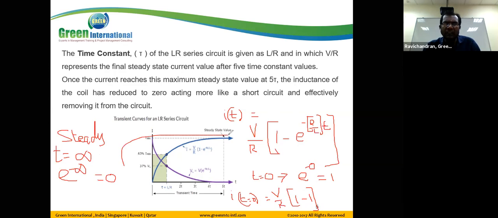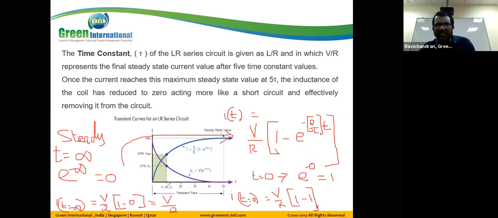So I of t at infinity is equal to V by R, open the bracket, 1 minus 0, which is equal to V by R.